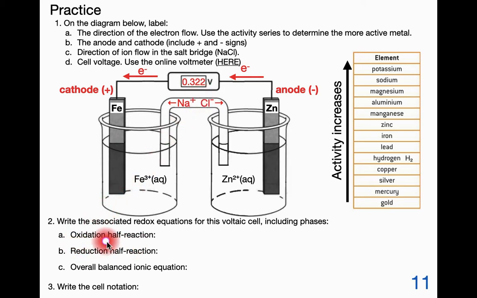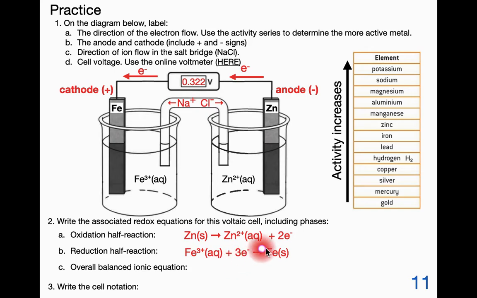Write the associated redox equations for this voltaic cell, including phases. So the oxidation half is the zinc undergoing oxidation. The reduction half is the iron 3 ions undergoing reduction. Now the overall balanced equation would be the sum of those two half reactions.